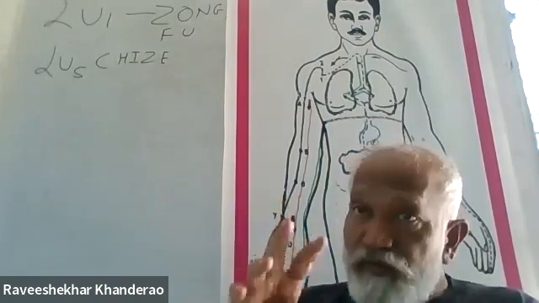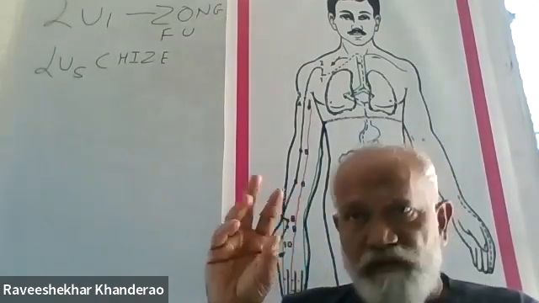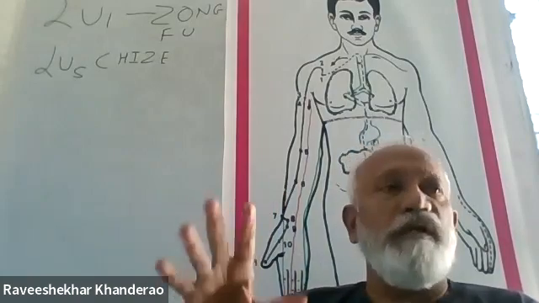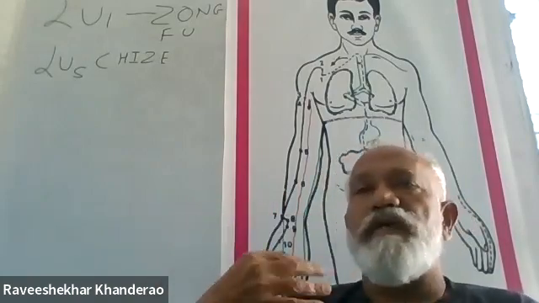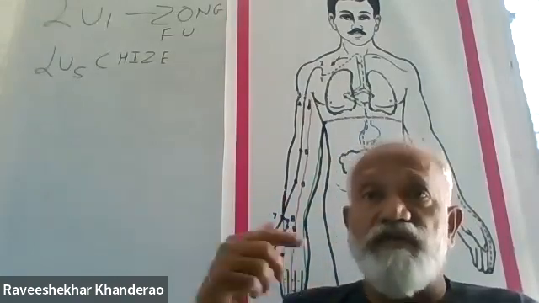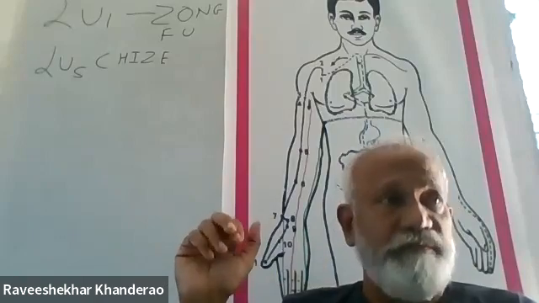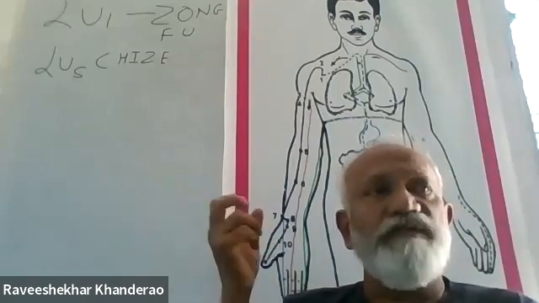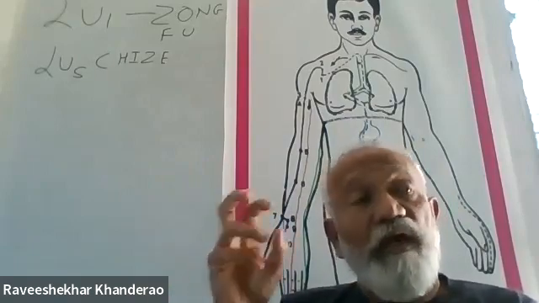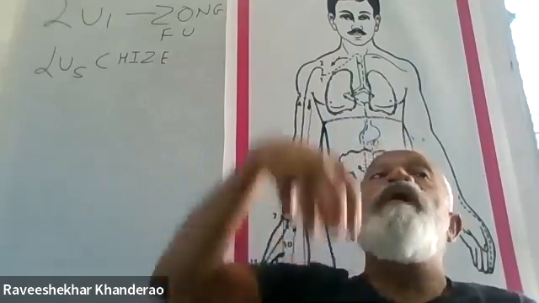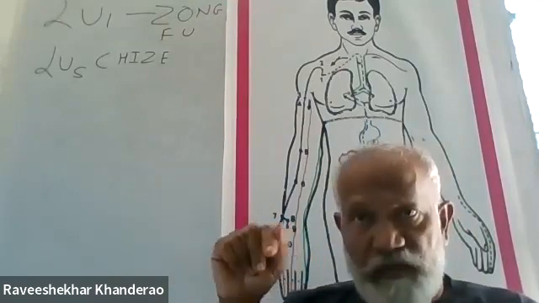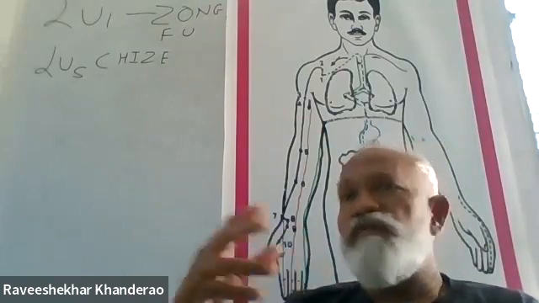So removing cough is also a function of the large intestine, isn't it? Even though it is accumulating in your lung area, large intestine is responsible, because large intestine is doing all the excretory work. Lung will hold the energy, but with that yin nutritive energy, large intestine will remove the cough. So you can work on large intestine as well to remove cough.